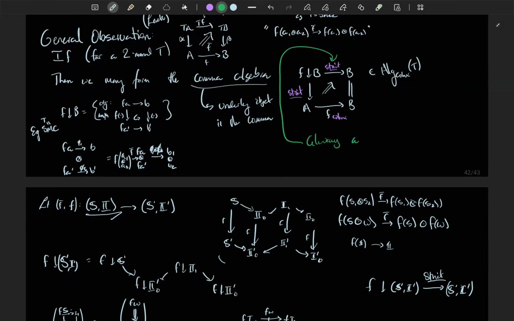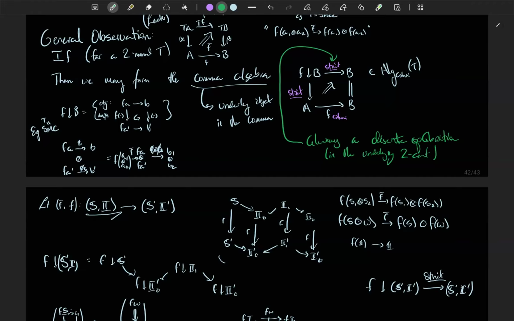a discrete op vibration in the underlying 2 category. So not necessarily a discrete op vibration of algebras yet, right? But in the underlying 2 category, it always is because it's a comma.